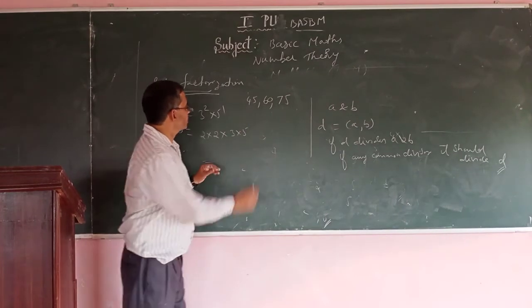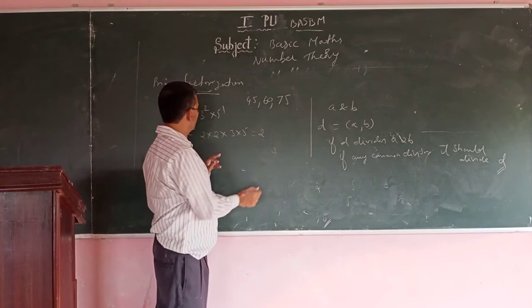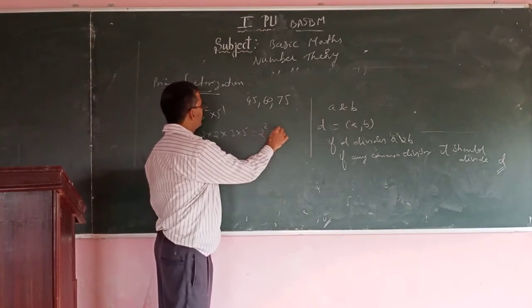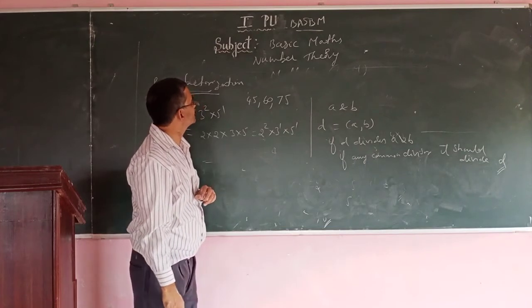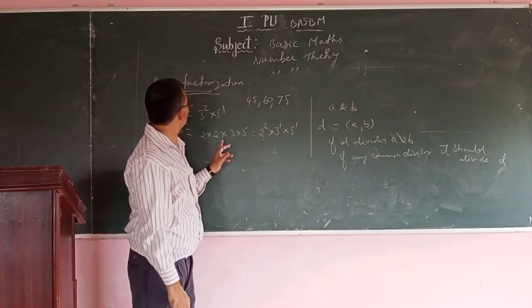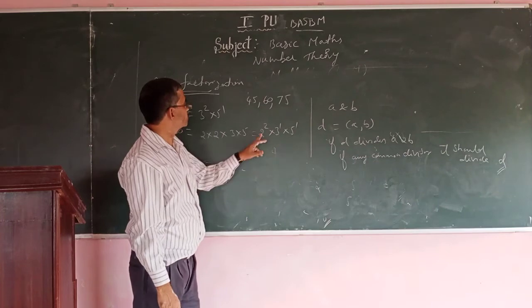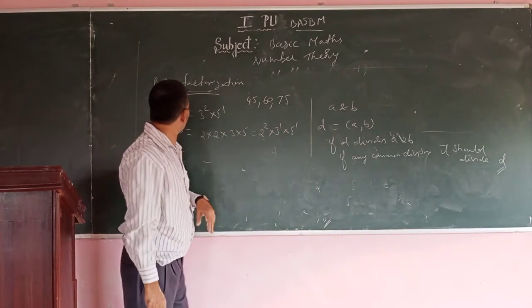So correct, 2 square into 3 to the power 1 into 5 to the power 1. Correct? 2 square is 4. 4 into 3 is 12. 12 into 5 is 60.